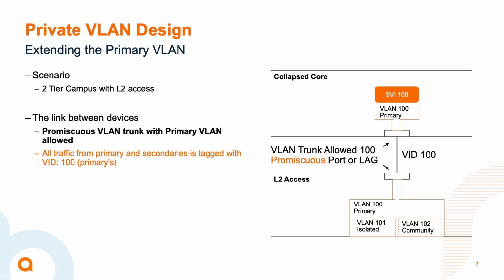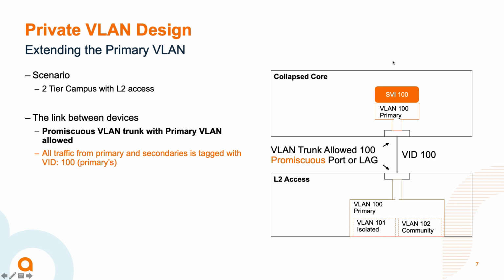Now, when they get to the promiscuous port, because the promiscuous port is defined for VLAN 100, for the primary VLAN, those VLAN IDs will be replaced with the VLAN ID 100. So when the packet arrives at the top switch, the VLAN ID for those packets is going to be 100. So they will be taken straight to the VLAN interface and routed to the rest of the world.